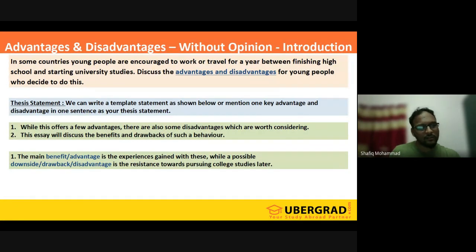That is what the criteria, or they tend to take a gap, isn't it? Some countries don't give a gap between the school study to the university study, right? So that you have to change. In some countries, people are given a chance to take a gap.